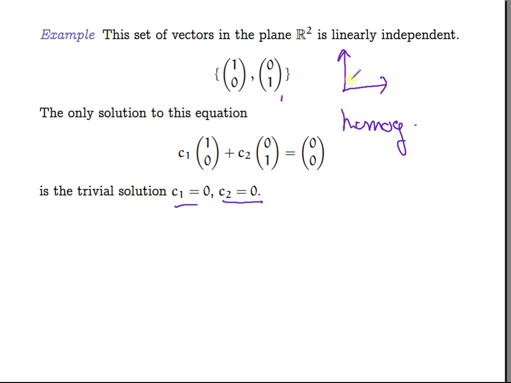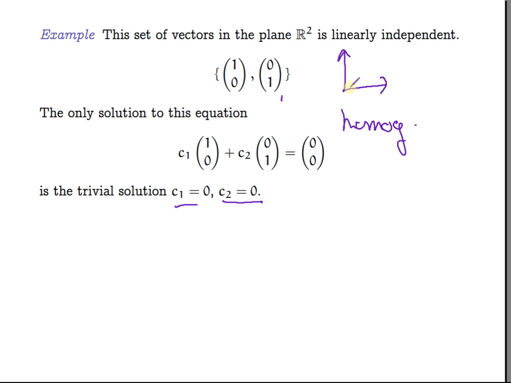And because they point in different dimensions, the only way to add a multiple of this plus a multiple of this and get back to 0 is if both multiples are 0, because they're pointing in essentially different directions.